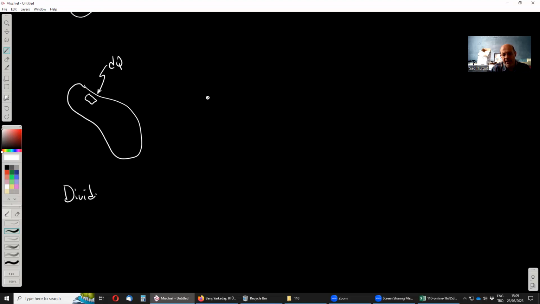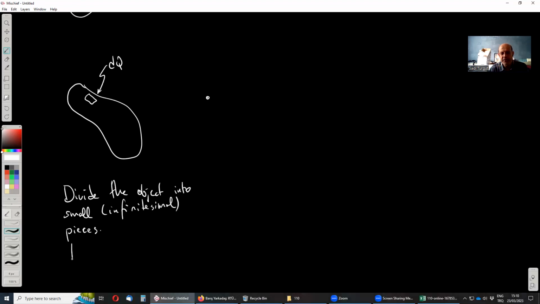Basically, we need to divide the object into infinitesimal pieces. When I say infinitesimal, I mean from the integral point of view. It's a quantity which is so small that at the end I just take the limit where this goes to 0.